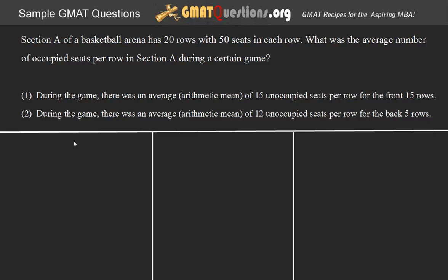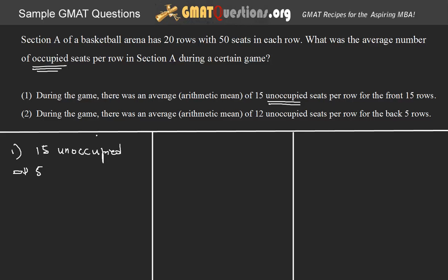Okay, again, a weighted average. So here we are looking for the occupied seats, but here we are given unoccupied. So, number one, if there are 15 unoccupied seats, as it's an average, this is going to correspond to 5.